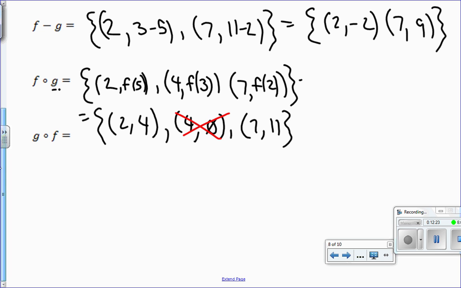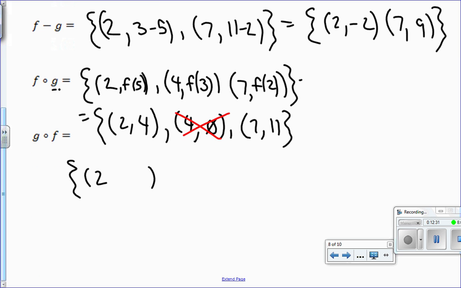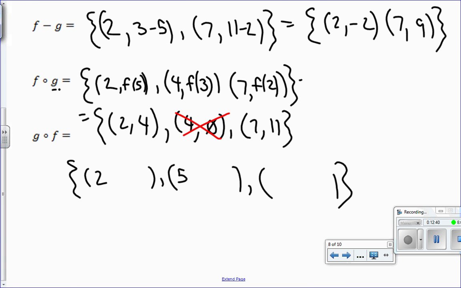Let's do the other one. Let's show g composed with f. So we will do this. We will write the ordered pairs for the input of f. You can put 2 into f. All right, when 2 goes into f, we can put 5 into f, and we can put 7 into f.